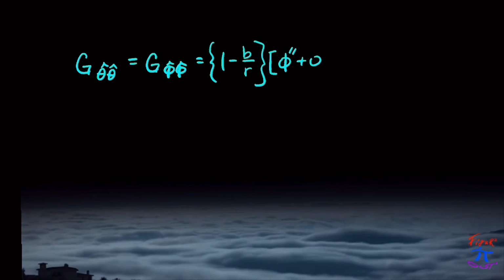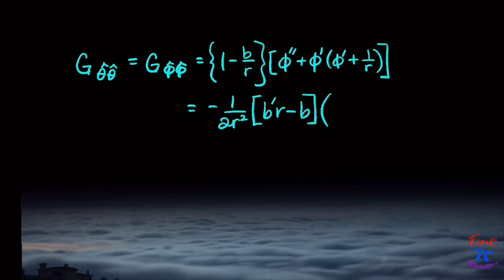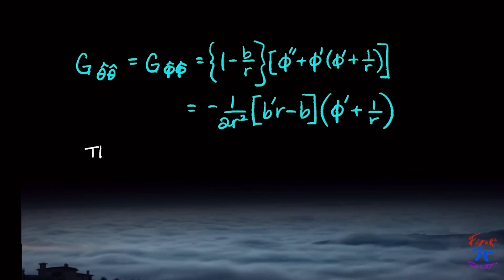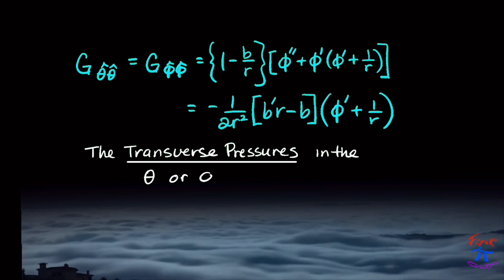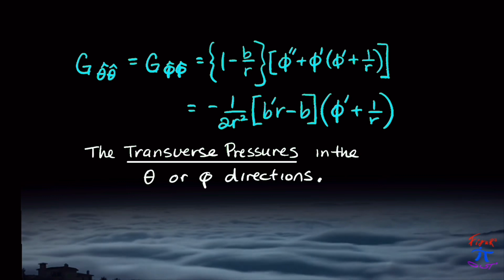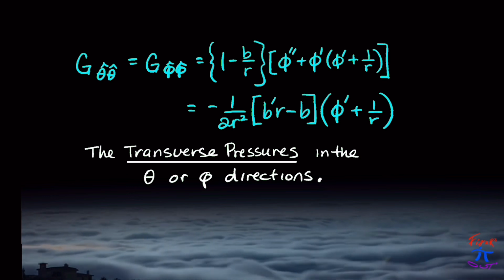The two angular components of the Einstein tensor are given by this expression, and this expression represents the transverse pressures experienced in the theta and phi angular directions.